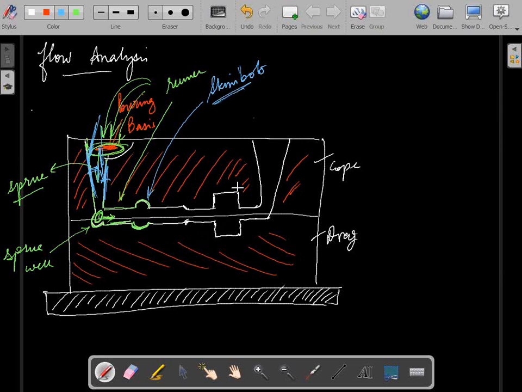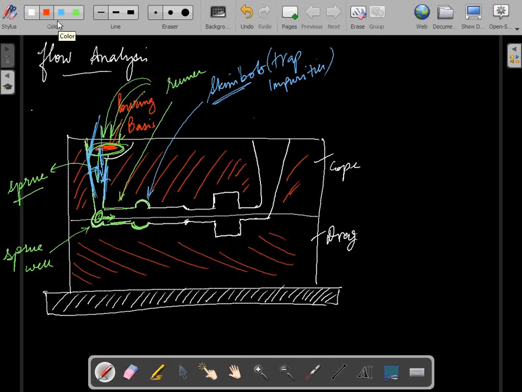In skim bob, so I'll write down the function as well. It traps impurities. So in skim bob, you are basically clearing heavy impurities also and light impurities also.